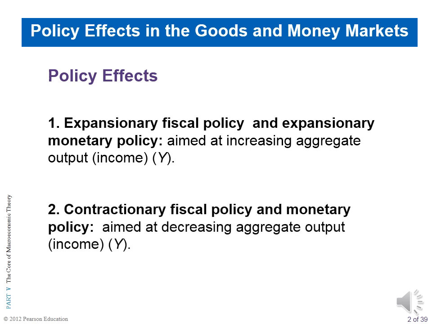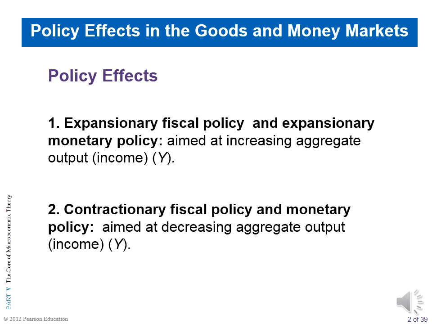Contractionary, سياسة انكماشية, as the name says. So its aim is to decrease aggregate output or aggregate income. Whether it's contractionary fiscal policy or contractionary monetary policy, their aim is to decrease income.